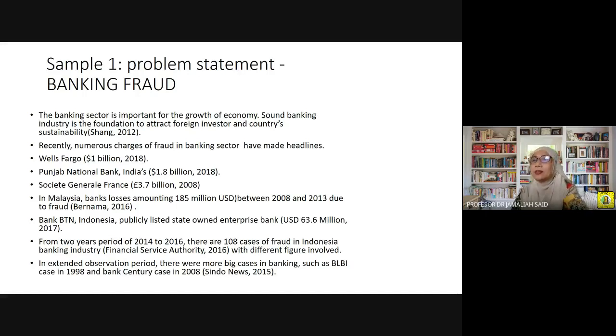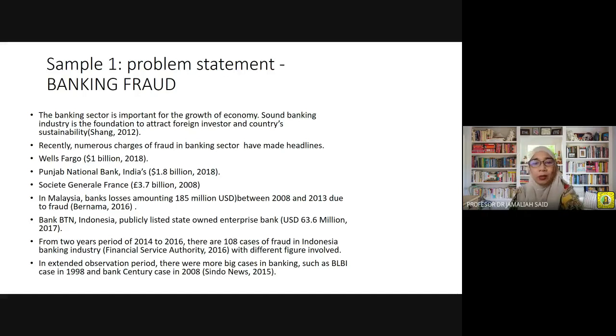In France, okay, France is not an exception. 3.7 billion pounds missing because of fraud. In Malaysia, bank losses amounting to 185 million USD from 2008 to 2013. In Indonesia, it happened in many places in the world.